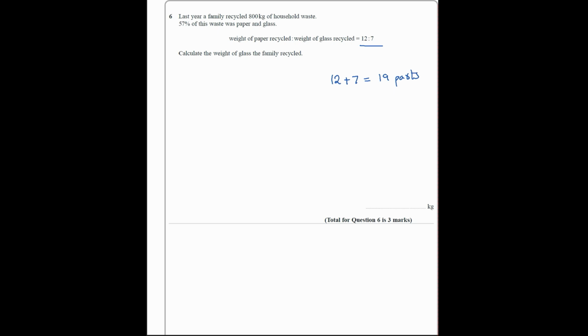Now it says 57% of this waste was paper and glass. So we have to do 57% of 800 kg, which is the total household waste. 57% means 57 over 100, which is 0.57, multiplied by 800.